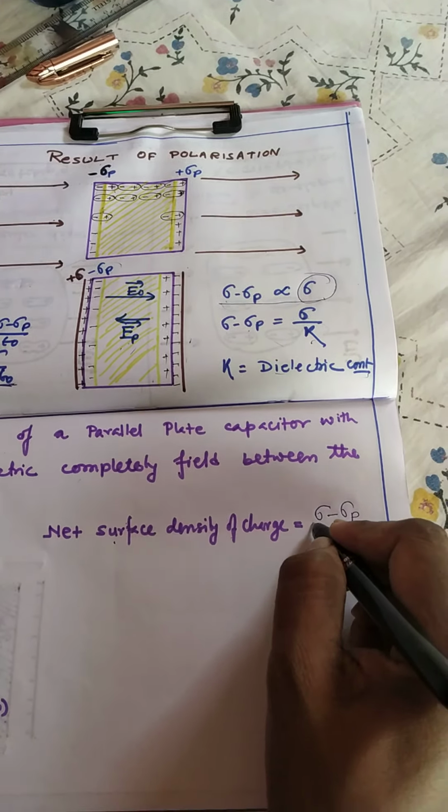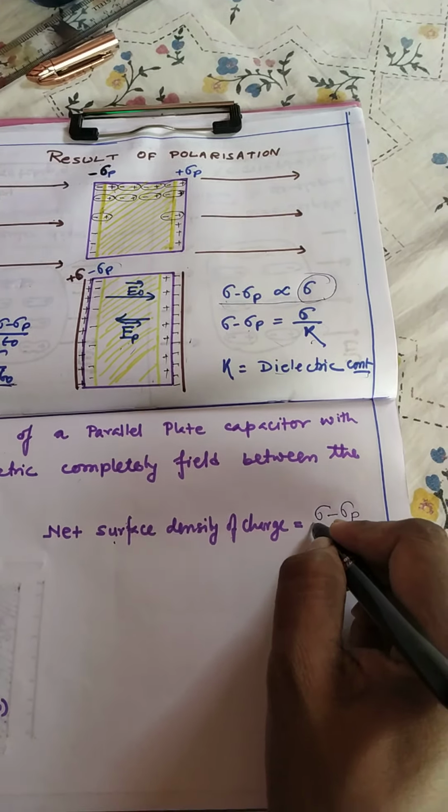Clear? So the electric field between the plates will now be equal to sigma by k epsilon naught. This is the magnitude of the electric field.